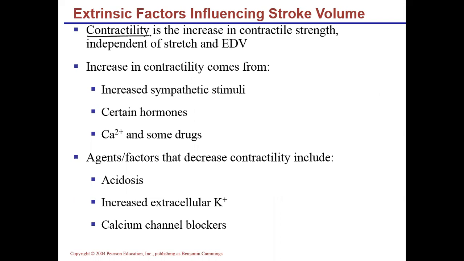And the strength, the force, how strongly the myocardium of the ventricles contracts is a big deal. So, increasing contractility, these are the few factors. Increasing sympathetic stimulus. When the sympathetic activity kicks in, there's going to be higher contraction.